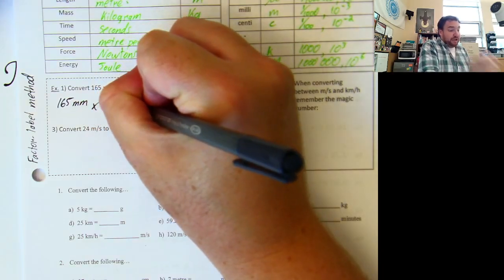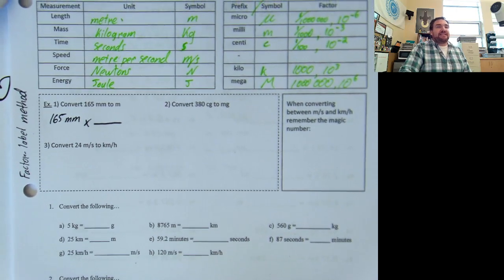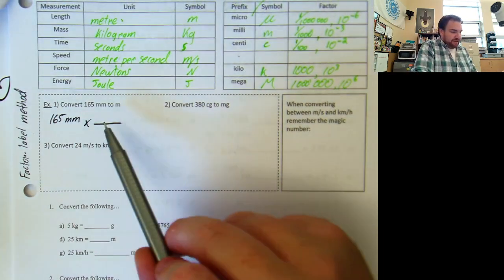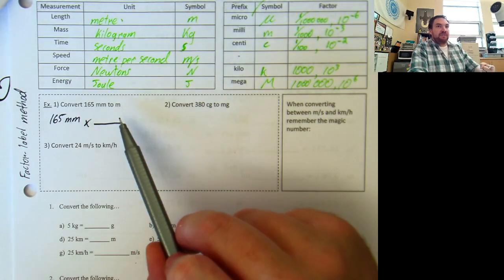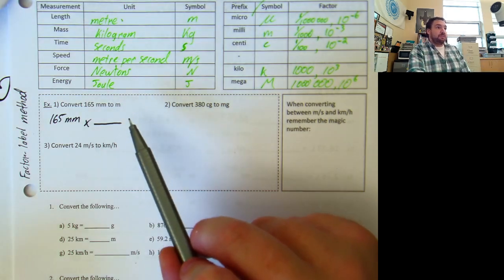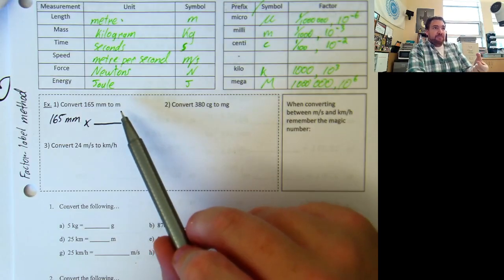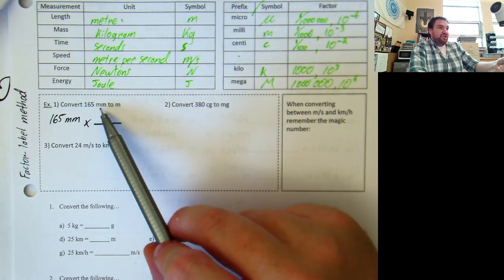In this case, we could do it with one fraction. Is there a nice conversion between the millimeter and the meter? Is there a straight line that we can draw between those two sets of units? Yeah. The meter is the base unit. The millimeter is just the base unit with a single prefix on it.